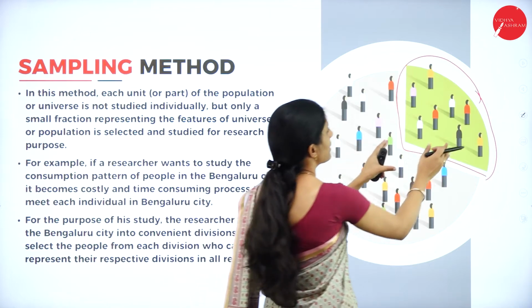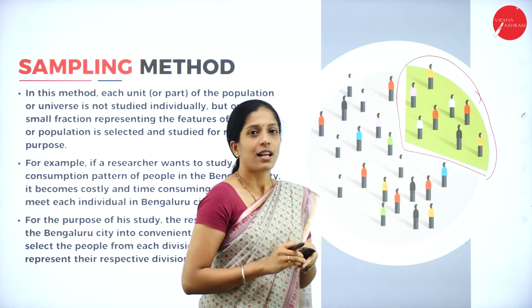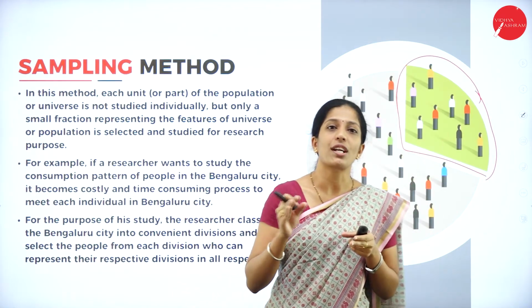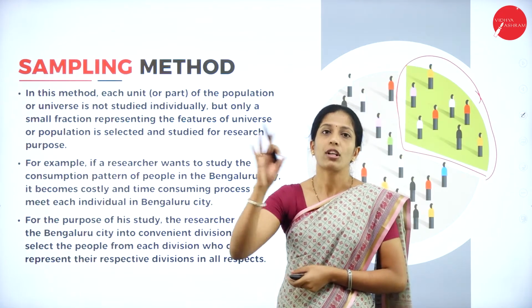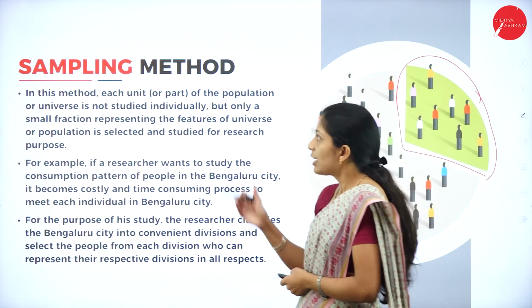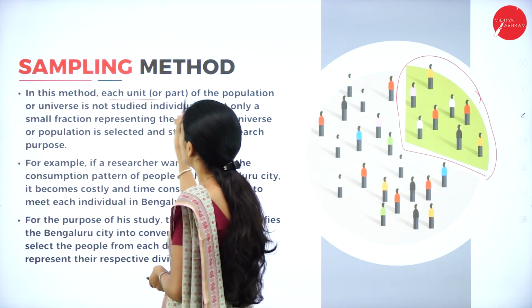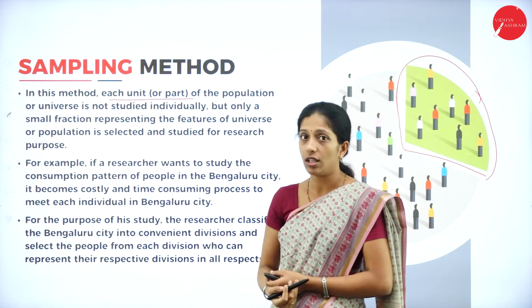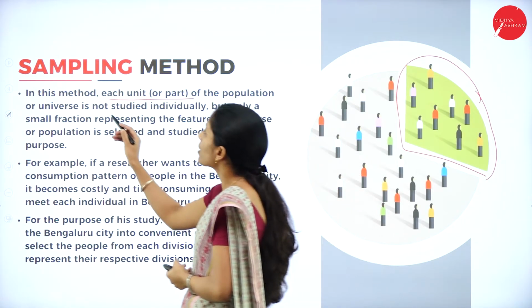Keeping this sample as a respondent, they are going to judge the information about the whole population. That is known as the sampling method. In this method, each unit or part of the population or universe is not studied.